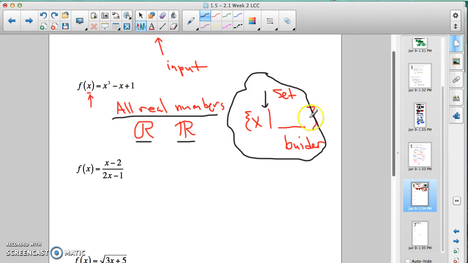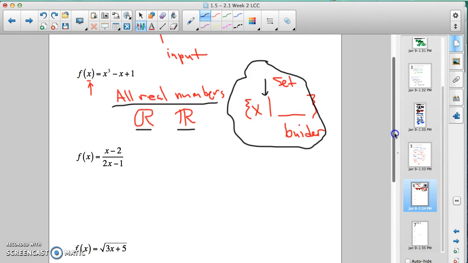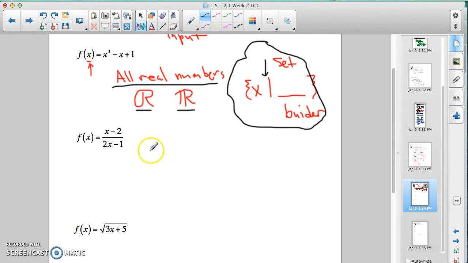Now in some functions there are going to be restrictions, so we may not be able to put in all the values. If we're looking at this function, there are some restrictions to the domain. There are certain values that we cannot use. We cannot divide by 0 in a fraction.